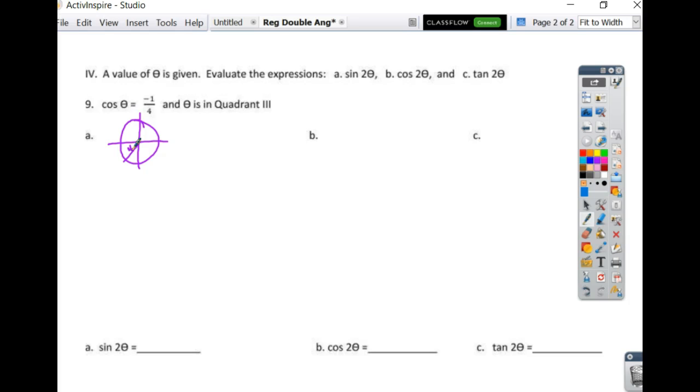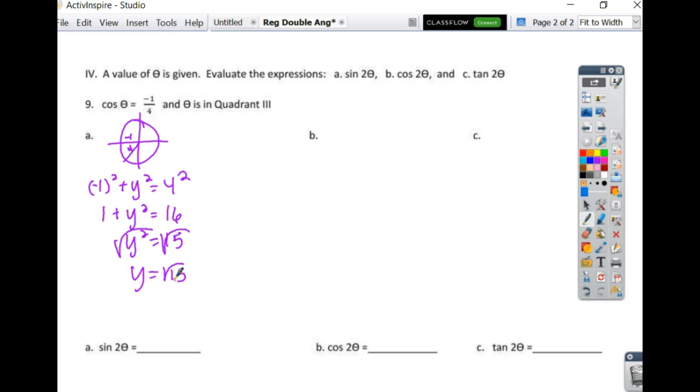And the cosine is which value, x or y? So this is negative 1. So negative 1 squared plus y squared equals 4 squared. So y is the square root of 15.